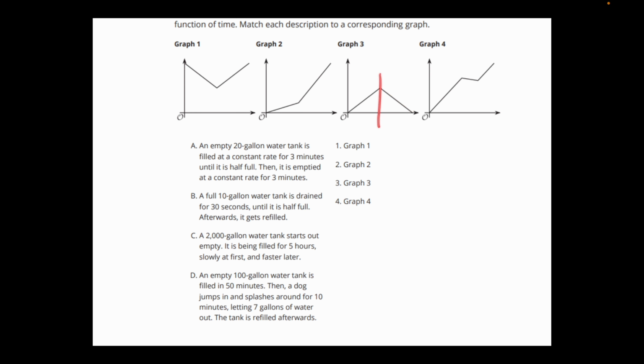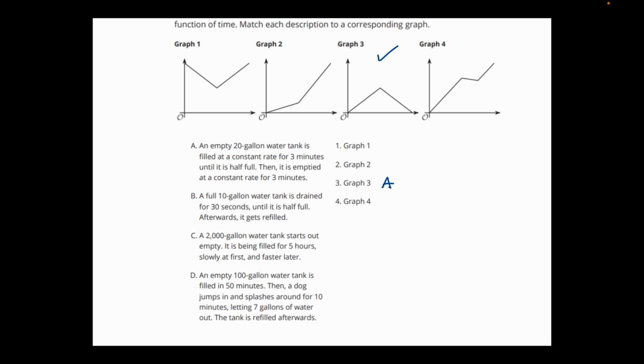So this one looks like it is increasing for half and then decreasing for the other half at the same rate. Sounds like that description to me. So for A, I would say that this is graph number 3. For graph 3, I'm going to write here next to it A because we took care of graph 3.